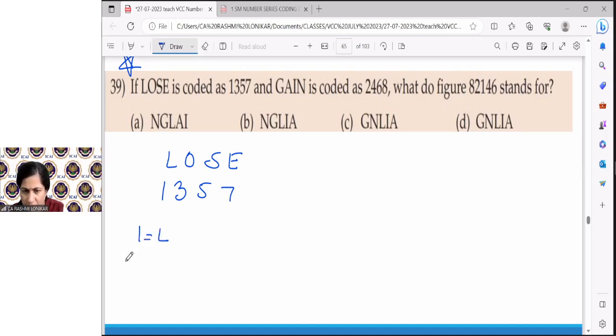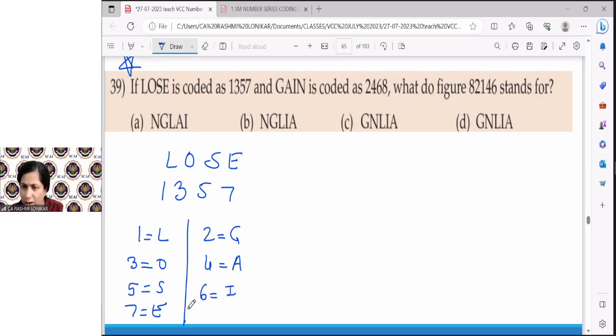One means L, 3 means O, 5 means S, 7 means E, then 2 means G, 4 means A, 6 means I, and 8 means N. Okay.